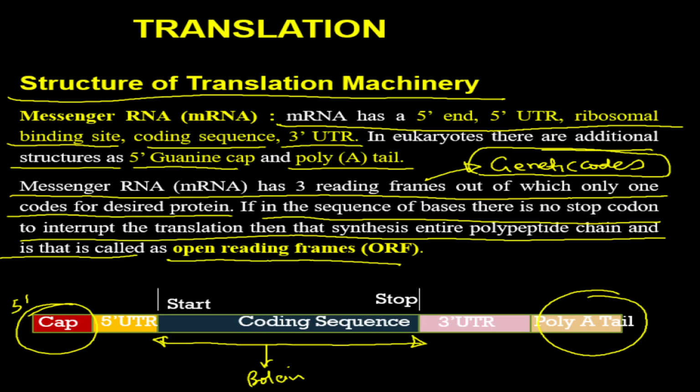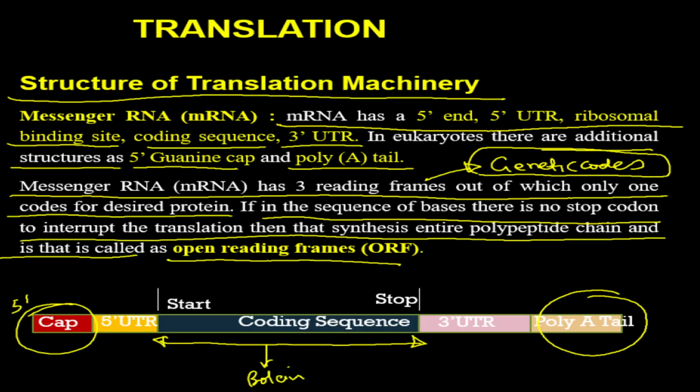mRNA has three reading frames, out of which only one codes for the desired protein. The region marked as coding sequence will be the sequence of your protein that needs to be translated. But this coding sequence also has three frames, in terms of the starting point and the ending point. The frame is the set of three-base codons that will be recognized by the tRNA, according to which it will add the amino acid.